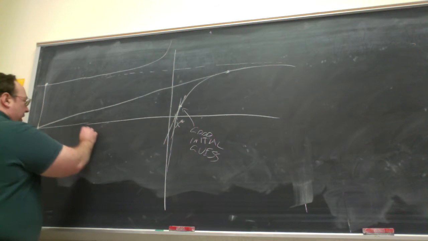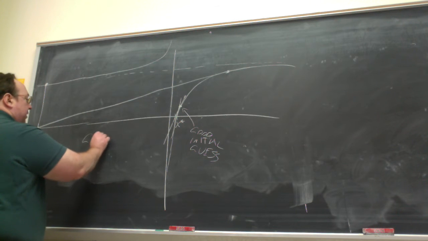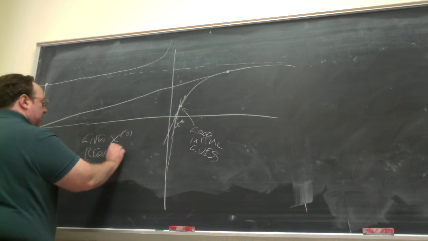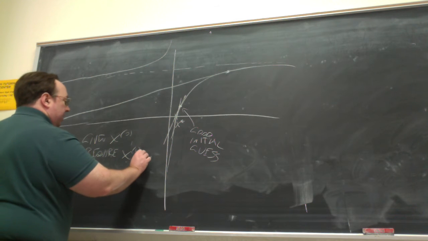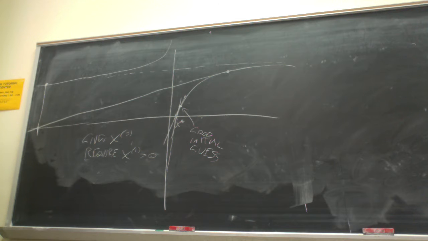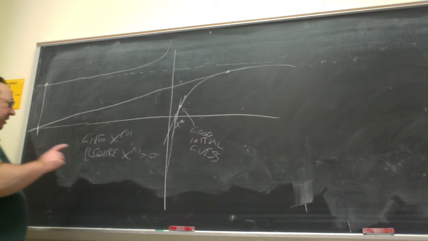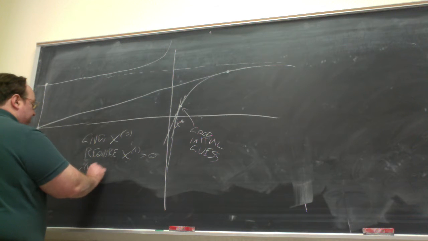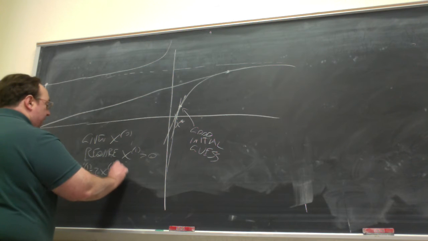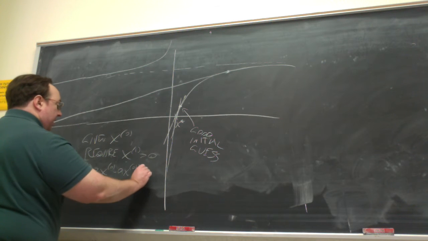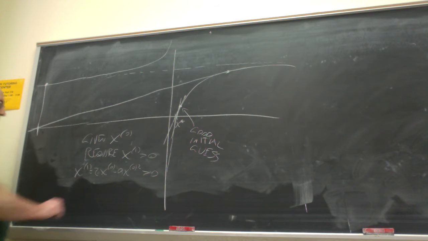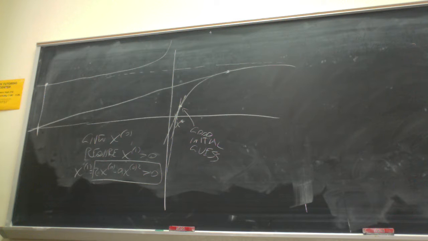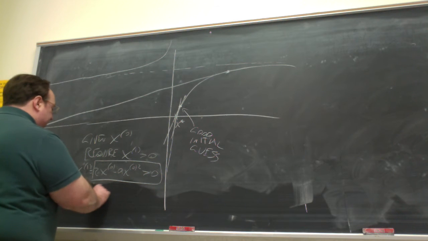So given the initial guess x naught, we have to require x1 to be positive at least, so that we remain on the right side of the graph. So let's take a look at that. Well, x1 is equal to 2x naught minus a x naught squared, and that has to be positive. So now if I take this equation, and I'm assuming that x naught itself is positive, I get this condition.